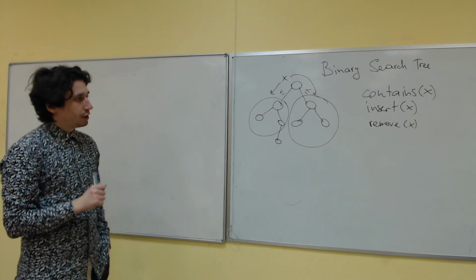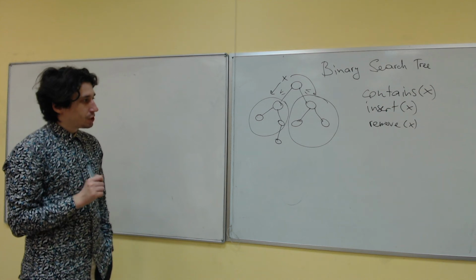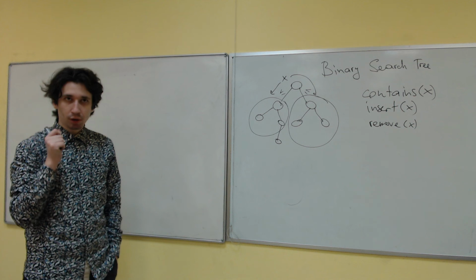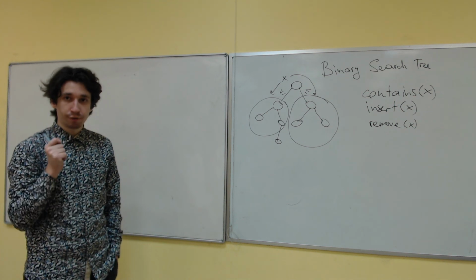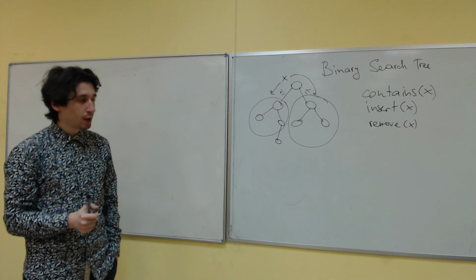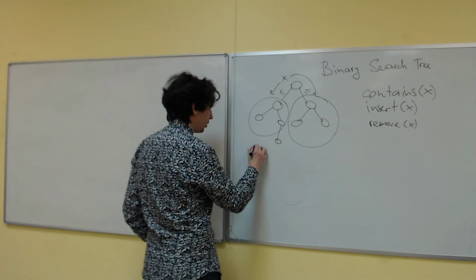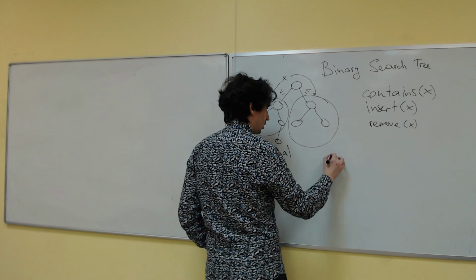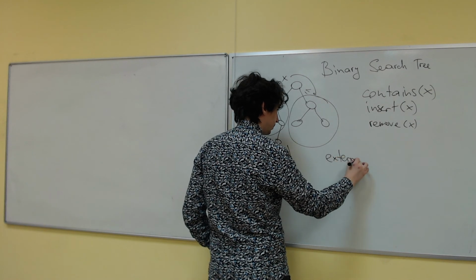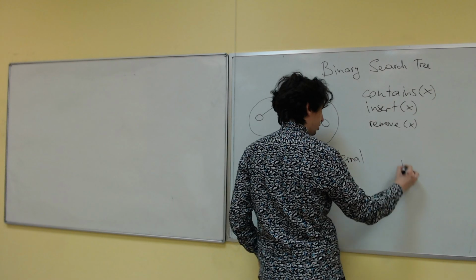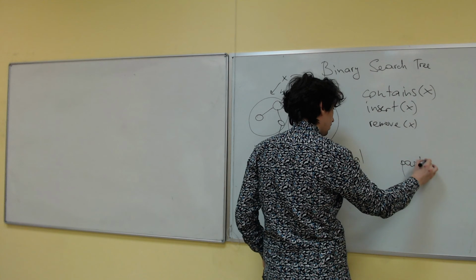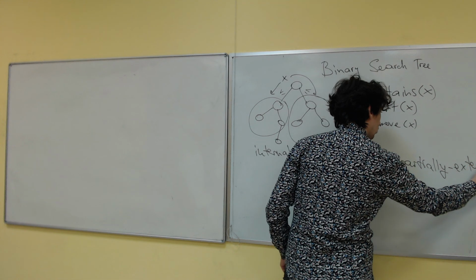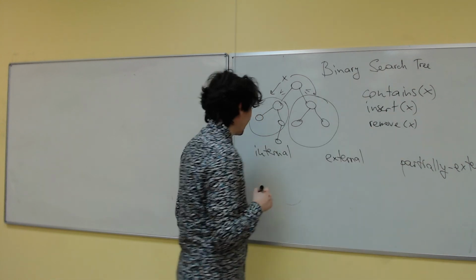So there exist three different versions of binary search trees: internal, external, and partial external. What does internal mean?